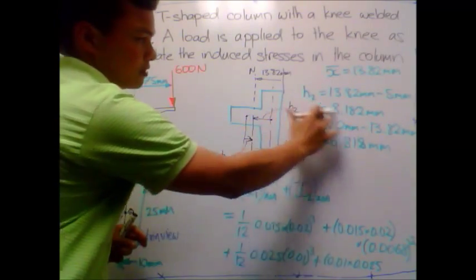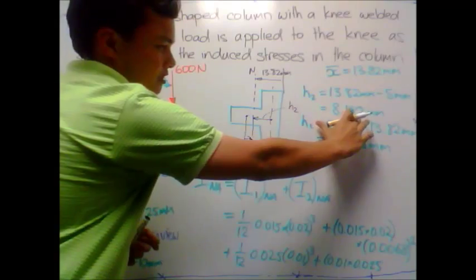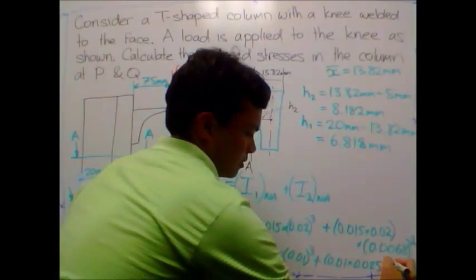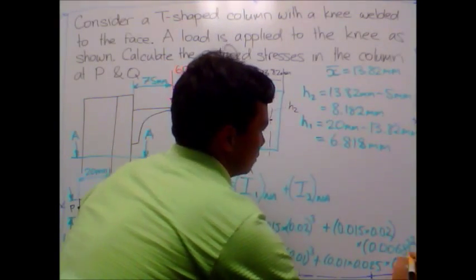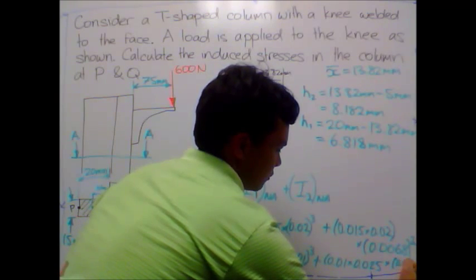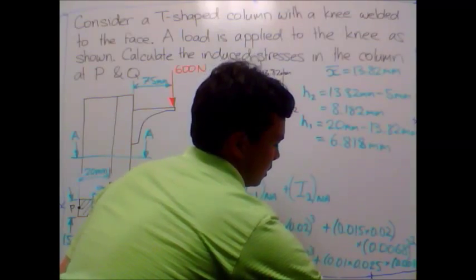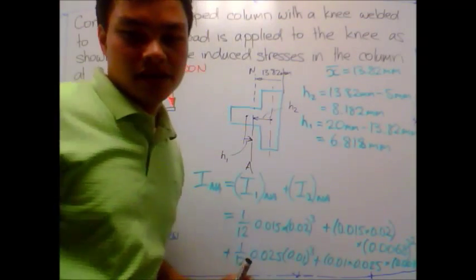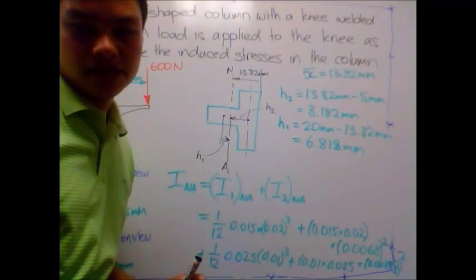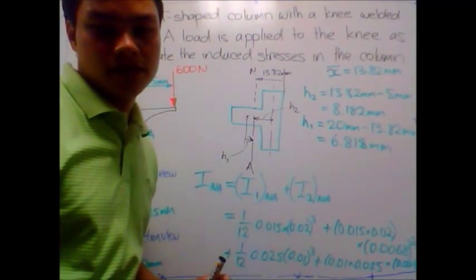So h2 is 8.182 millimeters, so times 0.008182, and that value is squared.